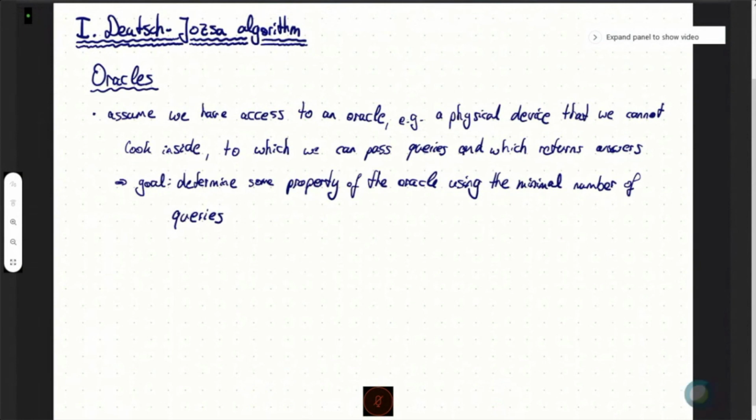However, to give you an idea of what such an oracle could look like, I'd like to use the example of a phone book. You can think of the oracle as a phone book, where if I give you the name of someone, you can check what the phone number is.